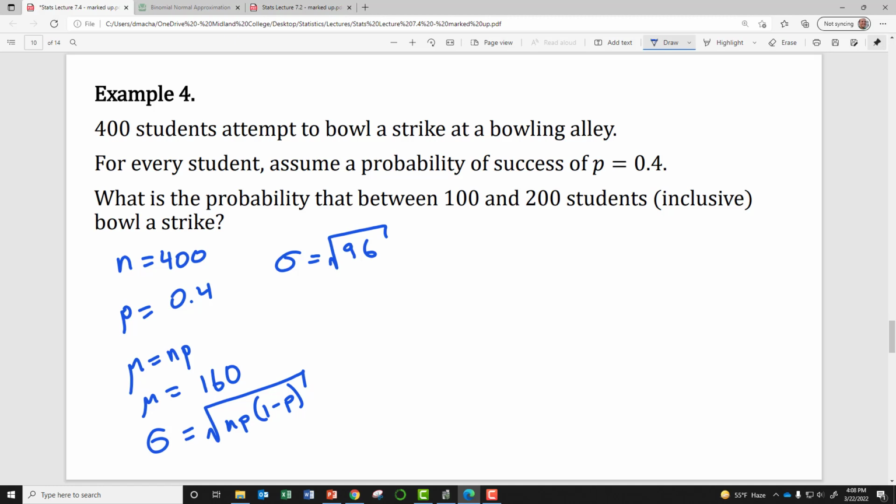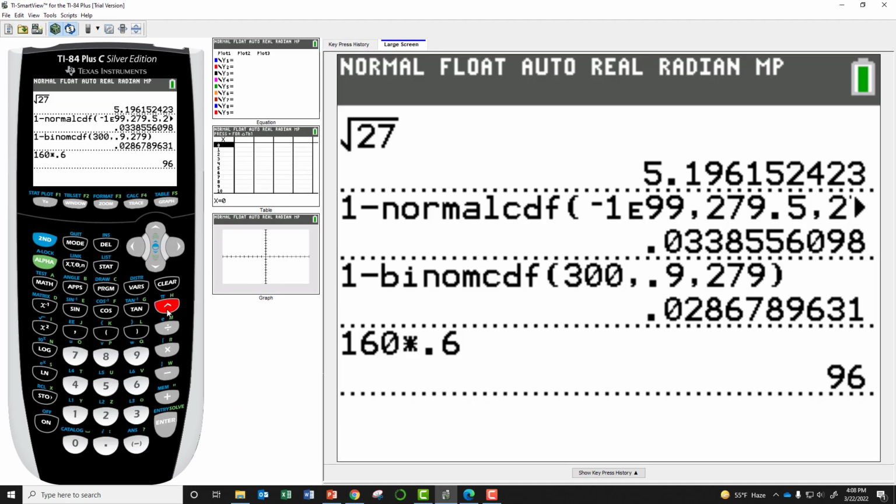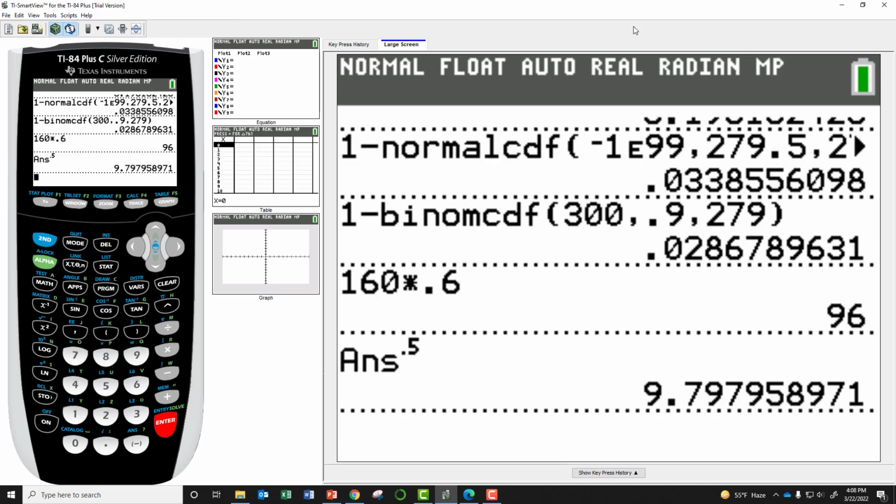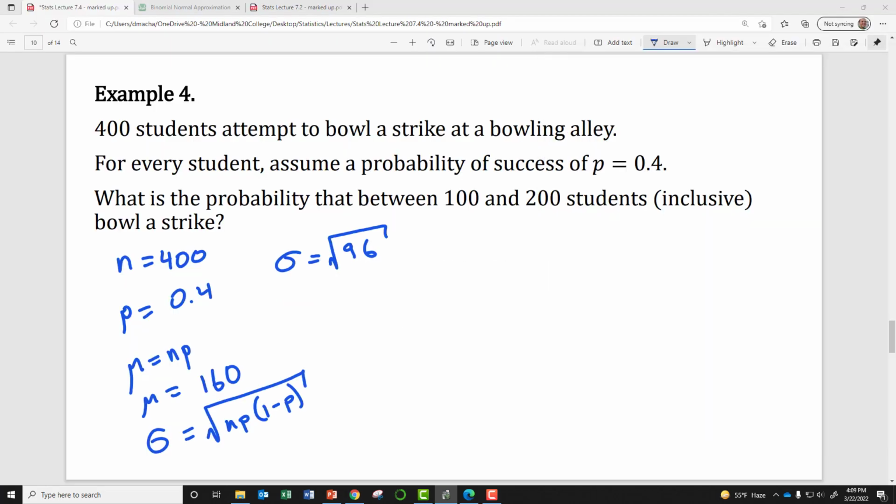Now I know 10 squared is 100, so the square root of 96 is going to be just a little bit less than 10, but I'll go ahead and take the square root in the calculator just to be sure, and yeah, it's 9.8. So here I have my standard deviation and my mean.